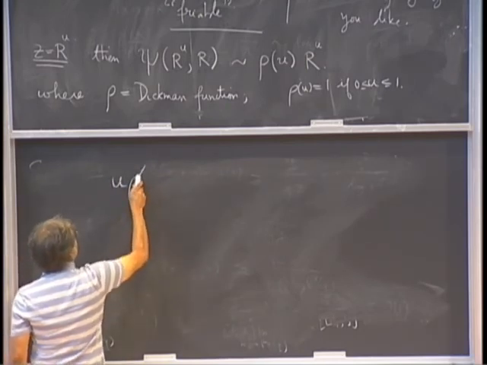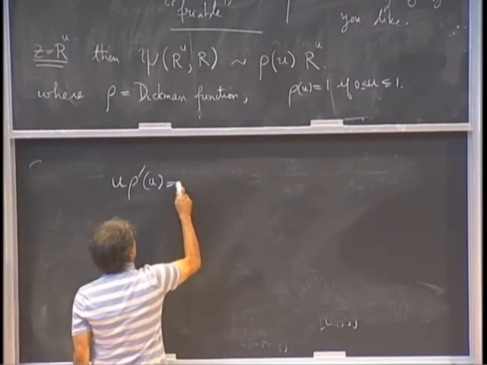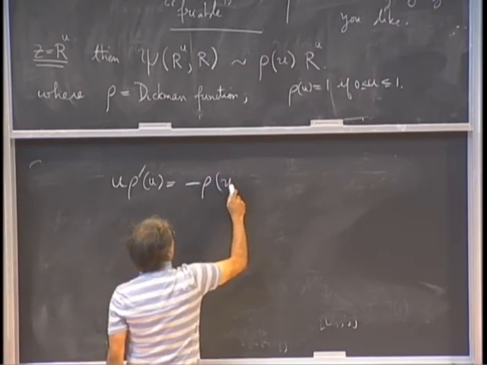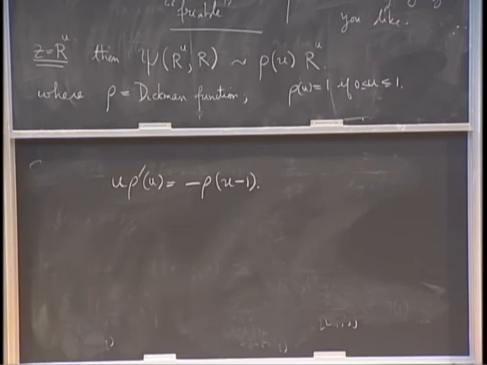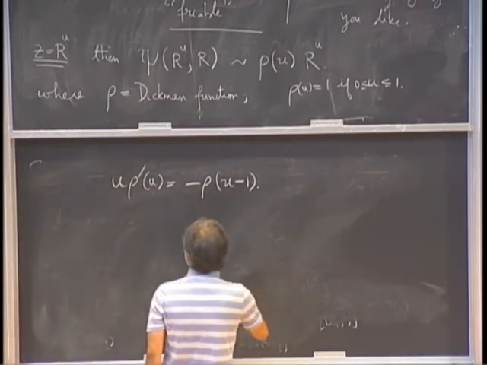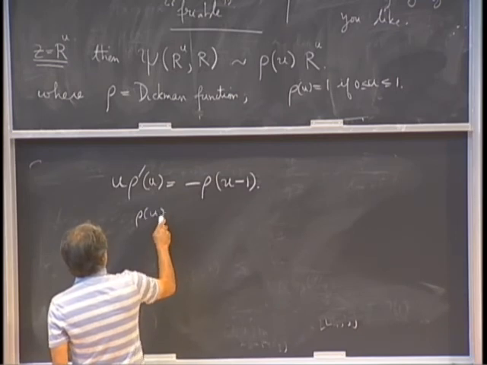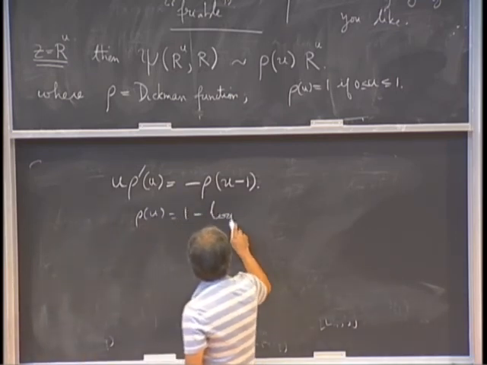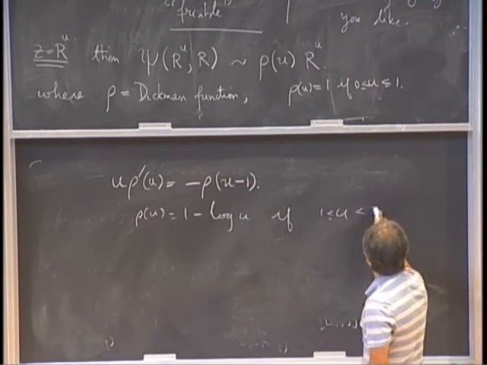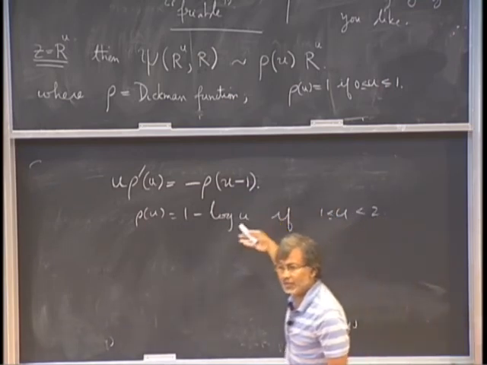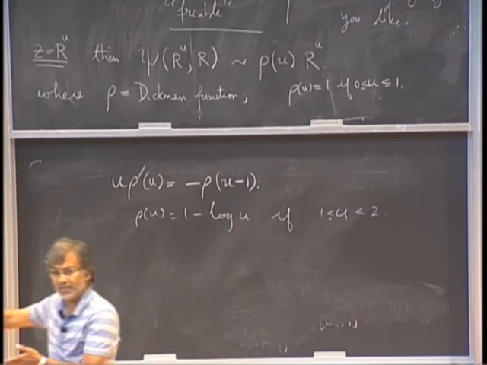So u times the derivative of rho is the value of the function rho at u minus 1. So this tells you what to do between 1 and 2, and then 2 and 3, etc. So between 1 and 2, and then you can keep integrating to figure out what it is between 2 and 3, 3 and 4, and so on.